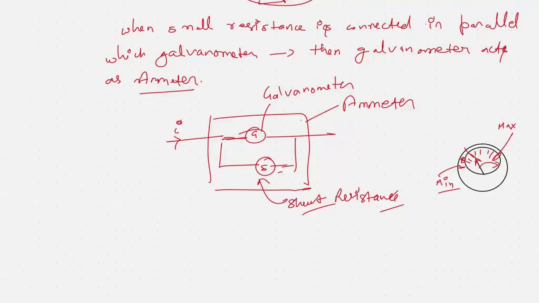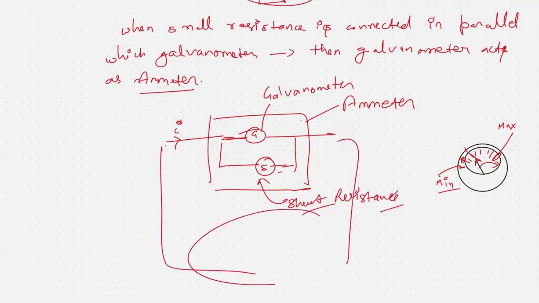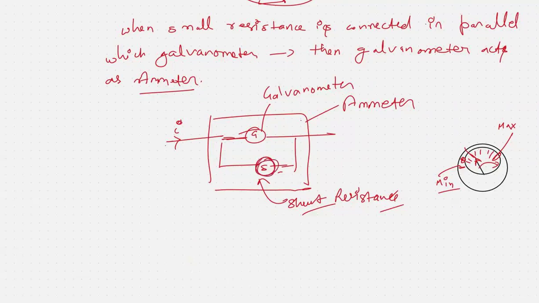This is the current in the circuit, maybe a whole big circuit you will be having. From here, this I current is going. Because this is very low resistance and this is very high resistance, the majority of the current is going to pass through the shunt. The current which is passing through the galvanometer is IG.